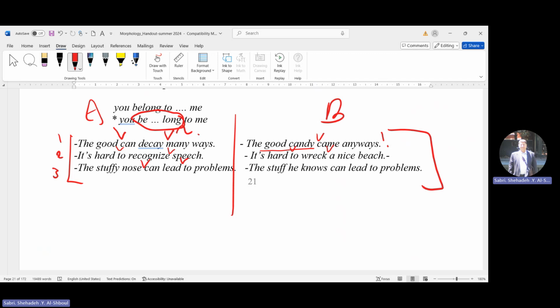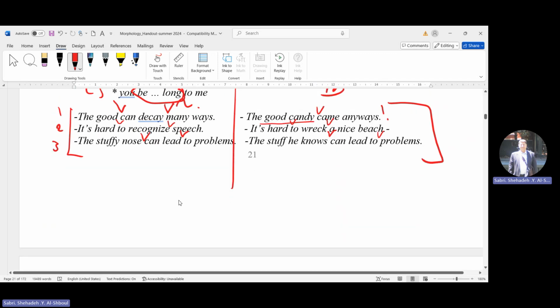Here we have a complex sentence that needs to be taken care of in terms of pauses. So we say "the stuff he knows can lead to problems." Also here the meaning is determined by the pattern of pauses that we have.